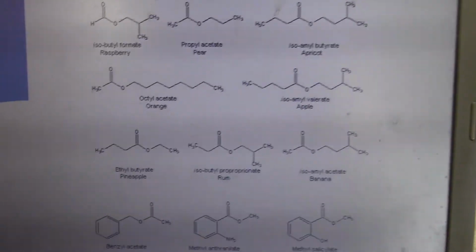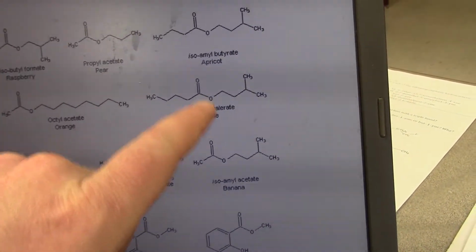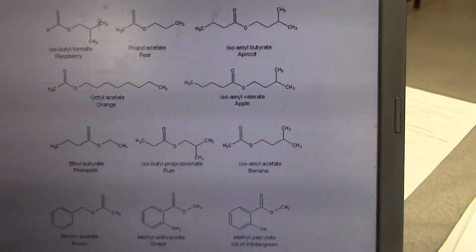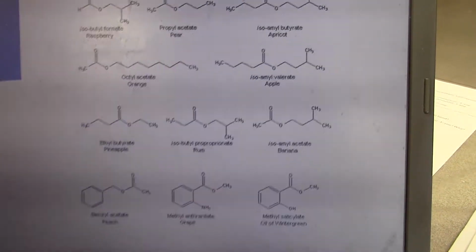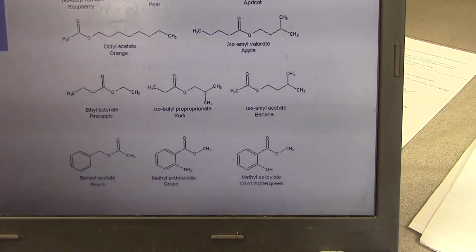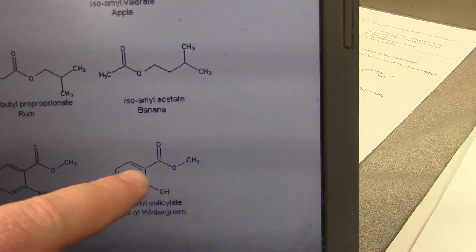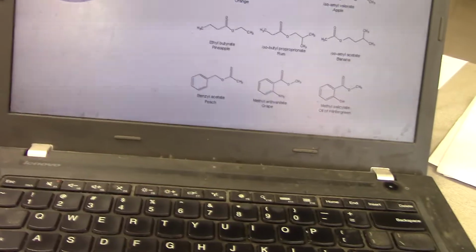Apple, orange, pineapple flavor, rum flavor, banana flavor. You can see there's always this single bond O, the double bond O, with the carbon chains on either side. You can have benzene as well. This is methyl salicylate, or wintergreen. I'm going to make wintergreen flavor. This is salicylic acid with methanol. So there's some common ester examples.